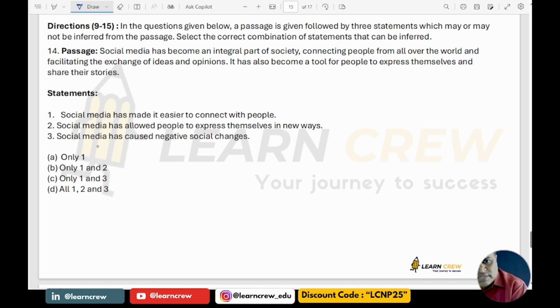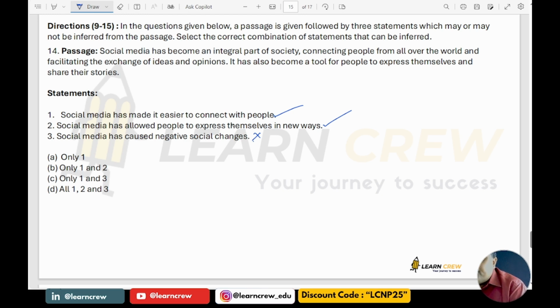So, it is implicit. Second one, social media has allowed people to express themselves in new ways. It is also implicit. Social media has caused negative social changes, which cannot be inferred from the passage.